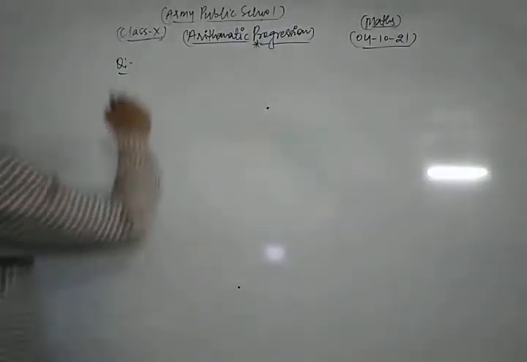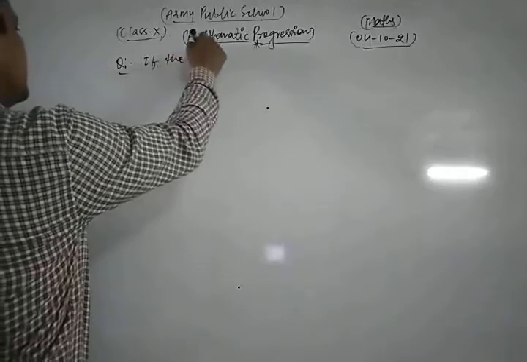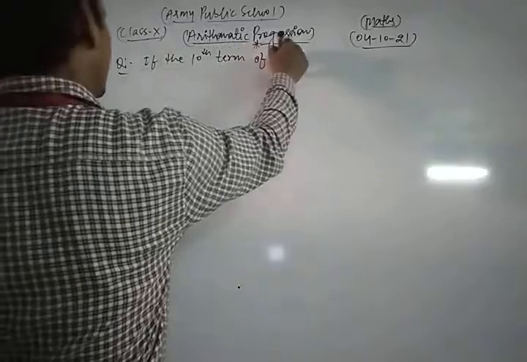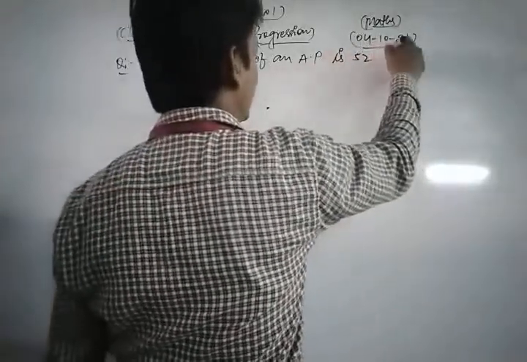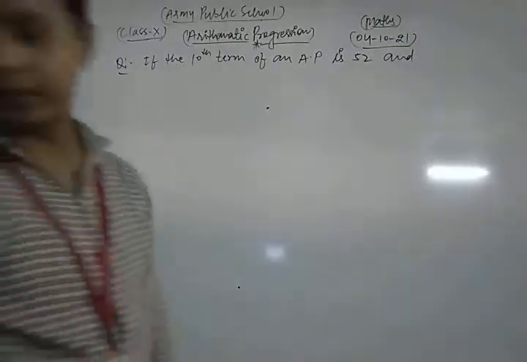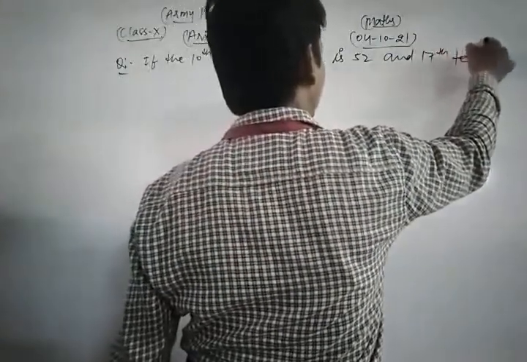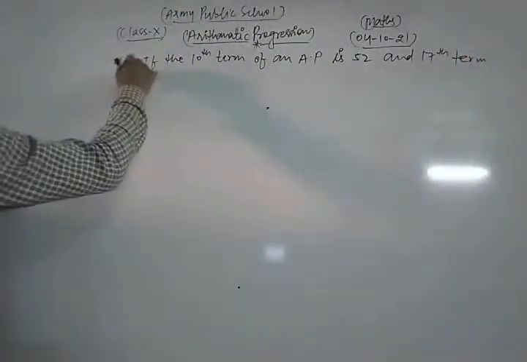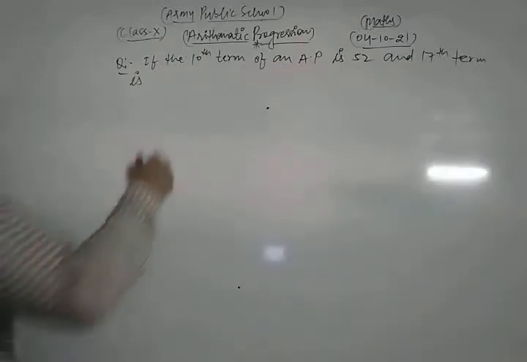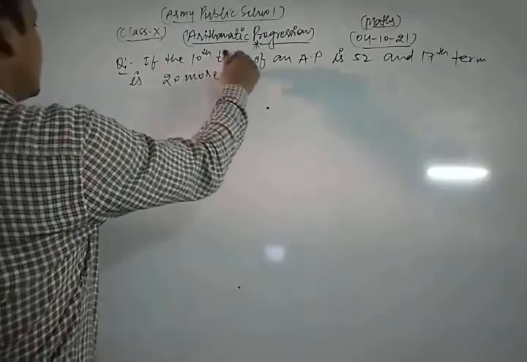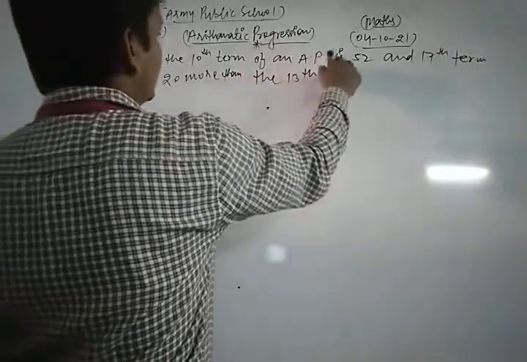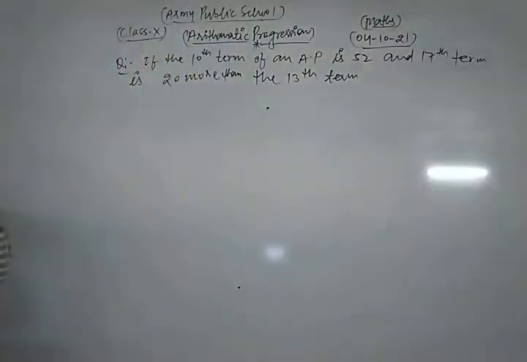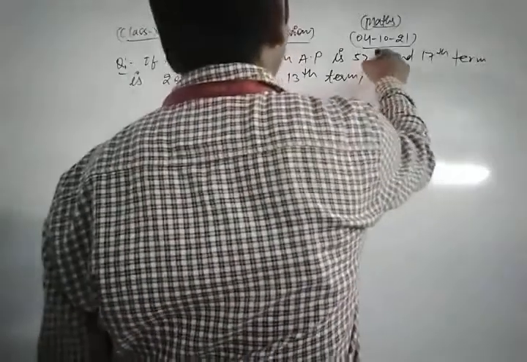If the 10th term of an AP is 52 and the 17th term is 20 more than the 13th term, find the AP.